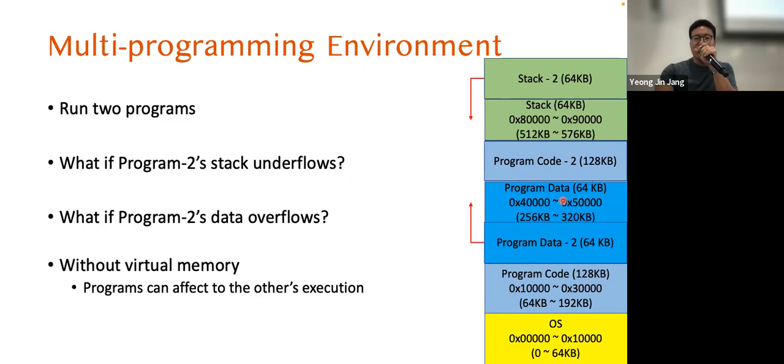So what that means is that if we don't have virtual memory, because physical addressing allows programs to access any kind of address, if the privileges are all the same, then a program may affect the other program's execution. I mentioned that there is a privilege separation between the operating system and the application, ring 0 and ring 3.